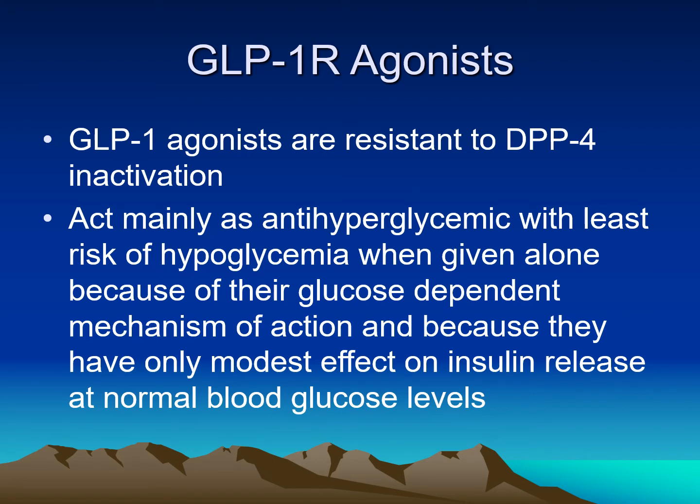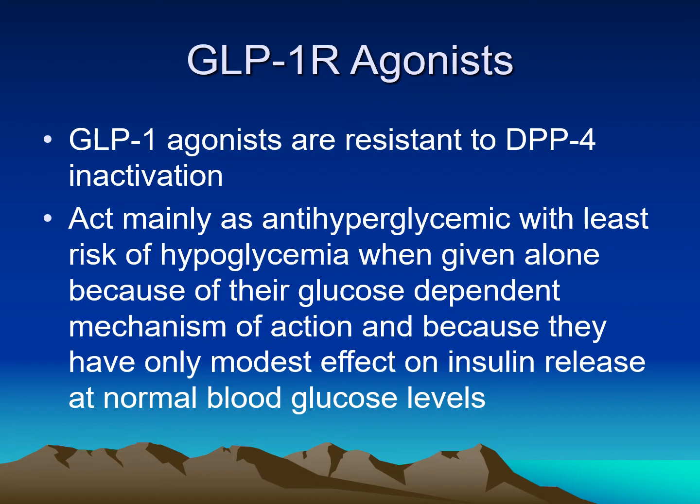Now, among the drugs which are now available as incretin based therapies, they can be called GLP-1 receptor agonists. They stimulate the receptors. And these GLP-1 receptor agonists are resistant to inactivation by the DPP-4 enzyme. So they have a longer half-life and longer stay in the body and will exert their anti-hyperglycemic and other actions.